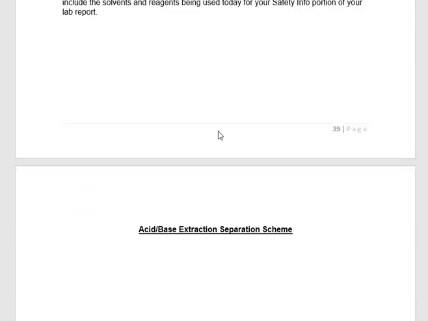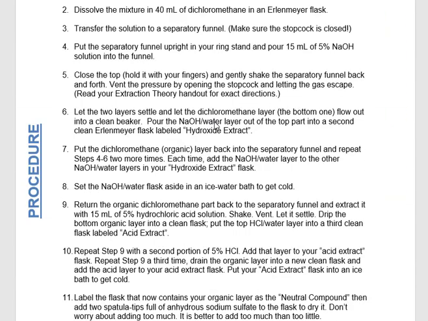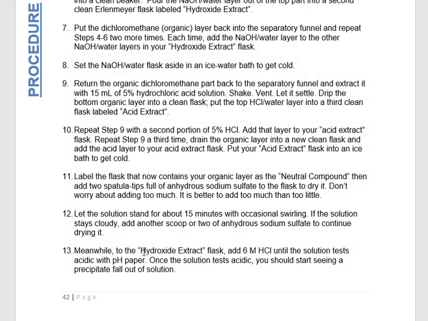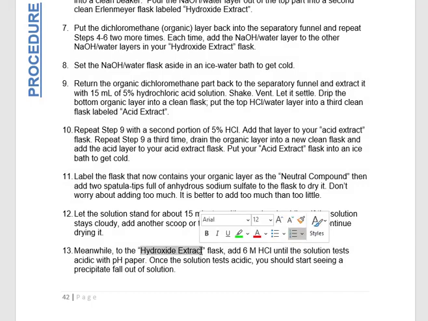Okay, now there are more steps incorporated into your procedure here, where after you get them separated, we're going to call stuff like hydroxide extract.